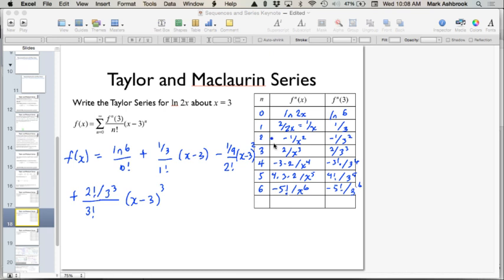So the nth term then is alternating, first of all. When n is 1 we get positive, when n is 2 we get negative, when n is 3 we get positive. So how do we do that? It's negative 1 to the n plus 1.